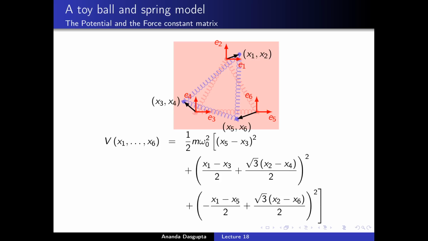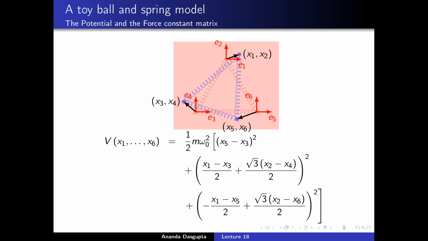Now this may look like a pretty complicated expression, but let me break it up for you. Half m omega 0 square is, of course, half times the spring constant k, which is an overall factor which is there for every one of the springs. Remember, the springs are identical, so they all have the same k.